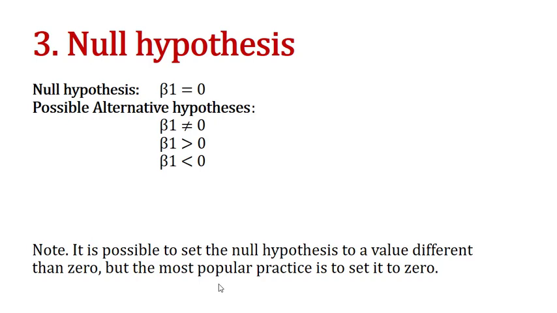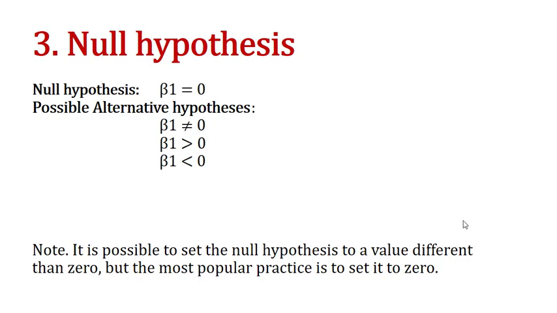in the population. Now, it is important to note that the null hypothesis shouldn't necessarily be 0. We can establish beta 1 to be some other value, it doesn't have to be 0. So that other value that we decide is the value that we want to test against.